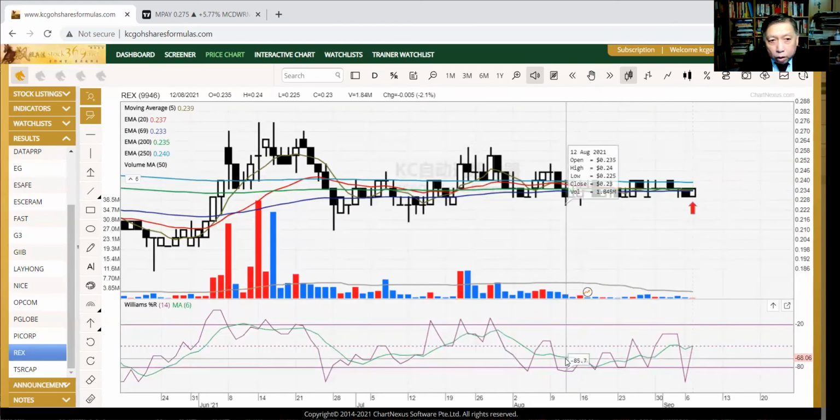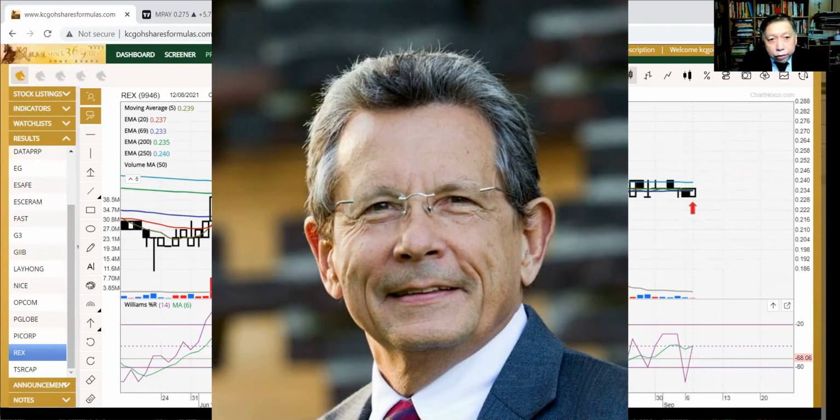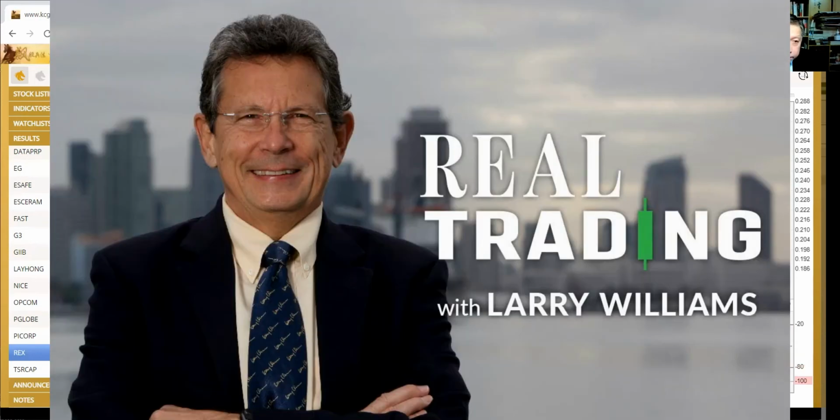The Williams percentage R is an indicator designed by Larry Williams. Larry Williams is American. He's a politician and also a trader. He designed this Williams percentage indicator, which he used many years ago.